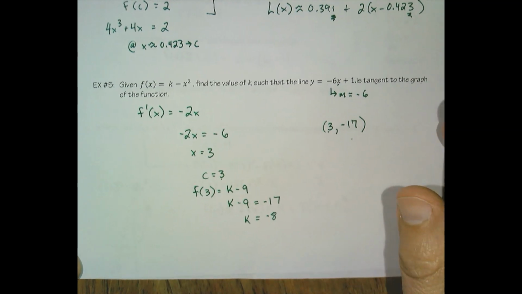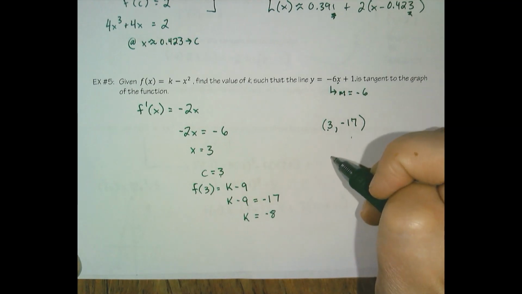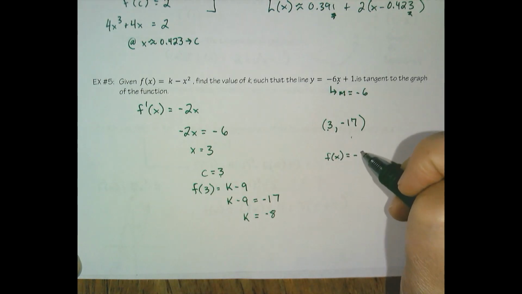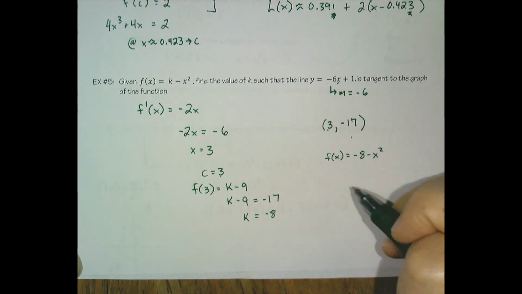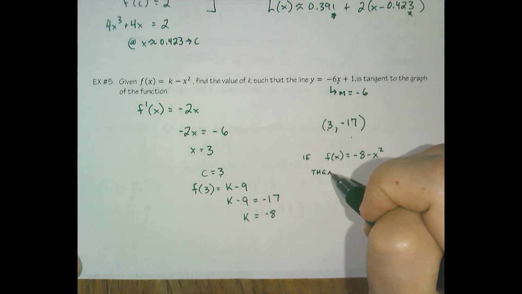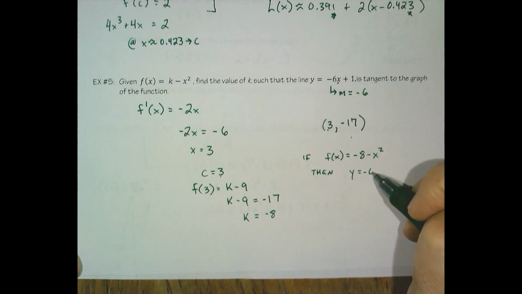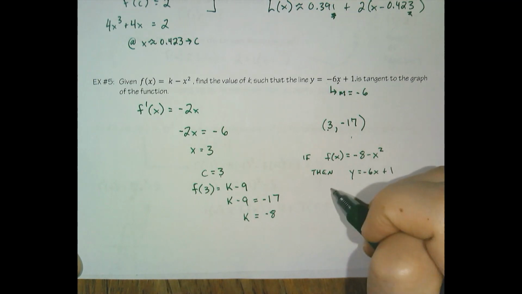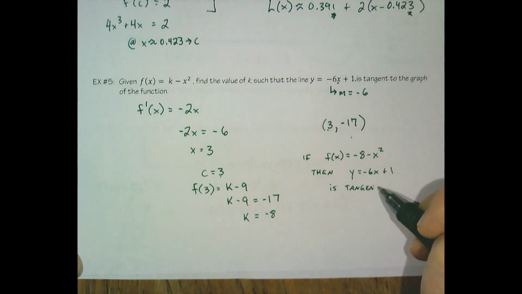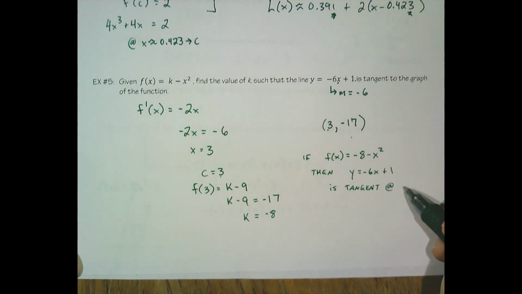So what just happened here? Well, I said if f of x is equal to -8 minus x squared, then this line is tangent at x equals 3. Okay, so there's a lot wrapped into that.